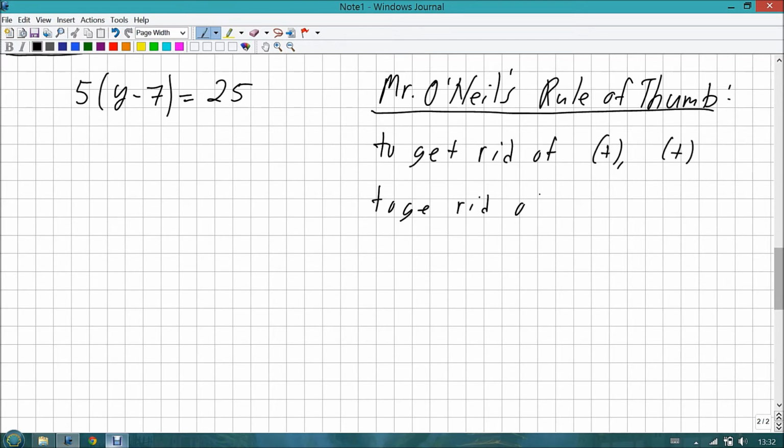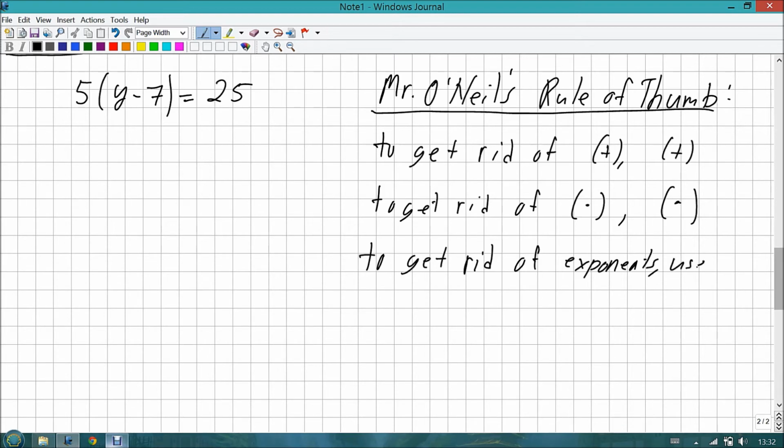To get rid of multiplication, you multiply. To get rid of exponents, you use exponents. Etc., etc., etc. To get rid of something, you use that something to get rid of it.